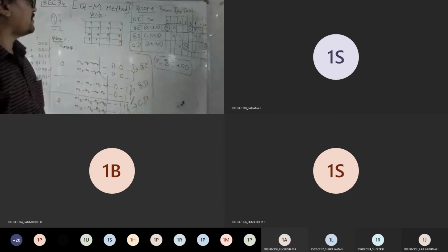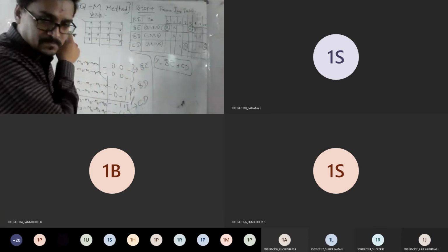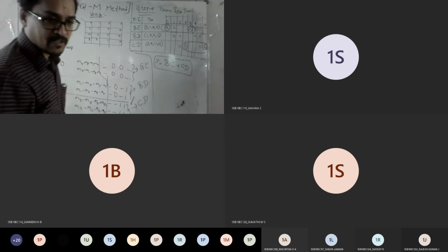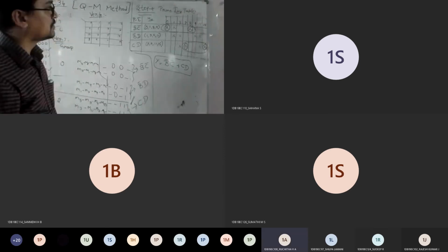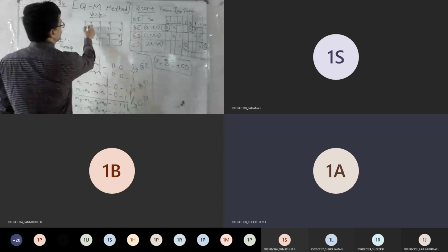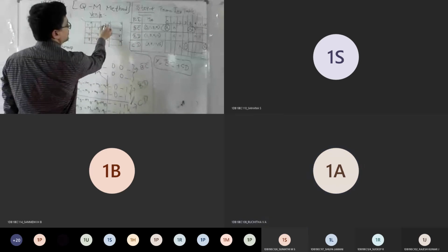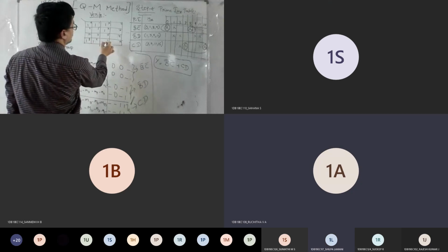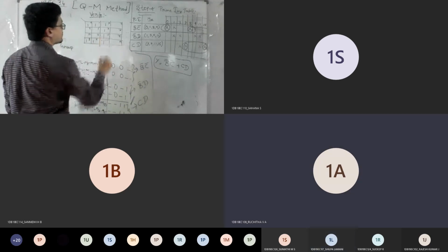Can you tell me where I should fill ones now? What is the question? 0, 1, then 3, then 7, then 8, 9 is also there, 11 is also there, 15 is also there.